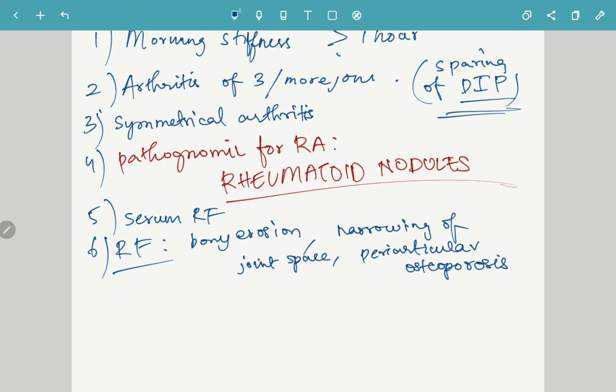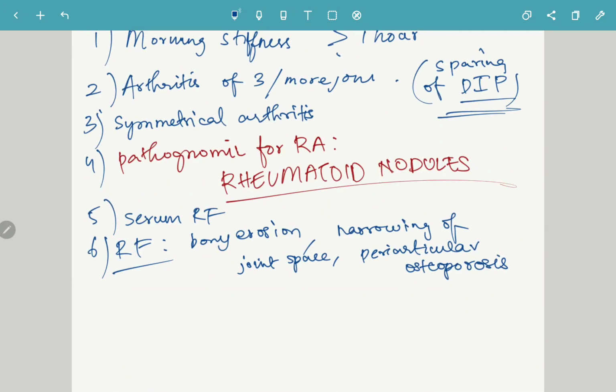So what do you mean by seronegative rheumatoid arthritis? Seronegative rheumatoid arthritis is generally where rheumatoid factor will be there and anti-CCP will be negative. So leave that. It's not that important.